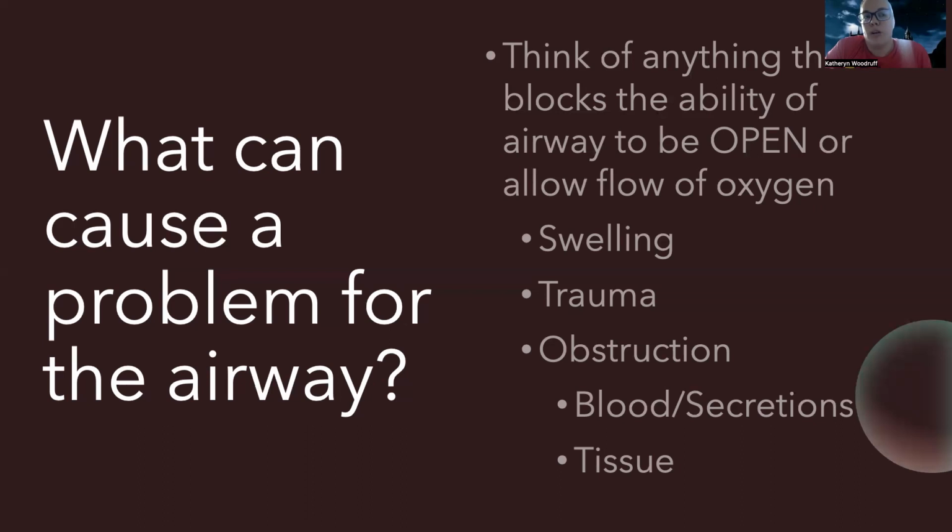So if there's any sort of trauma, accident, or injury in or around the airway, from the mouth all the way down into the throat, that can lead to swelling, which can lead to issues. Another big one that's really important to note is obstruction. This is why it's really important to look in people's mouths, especially when you get a new patient.